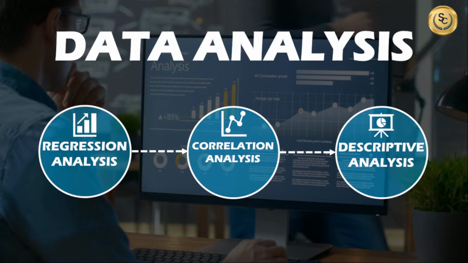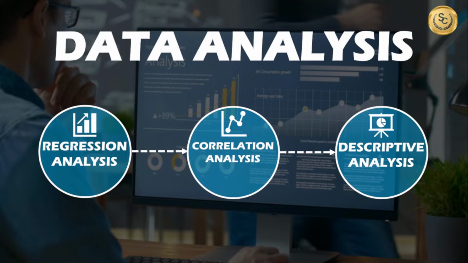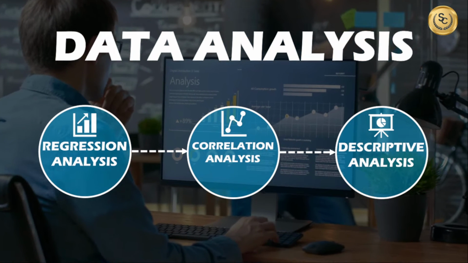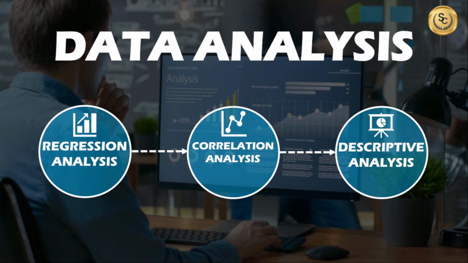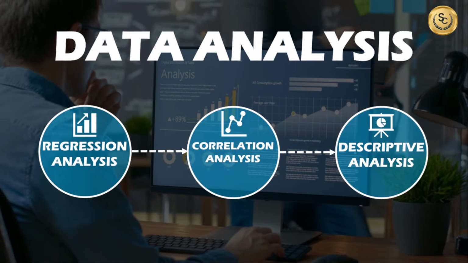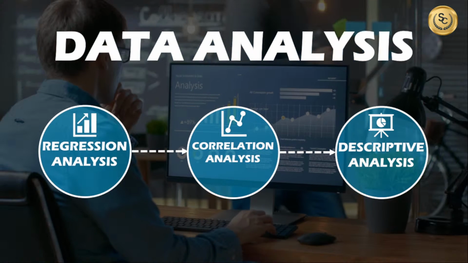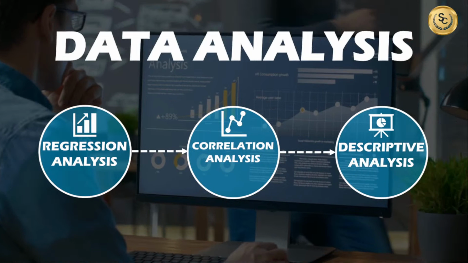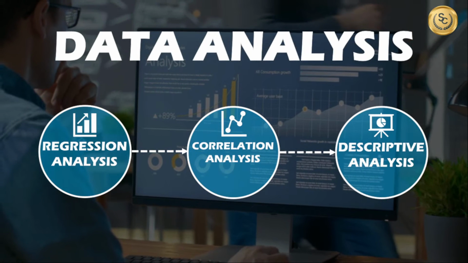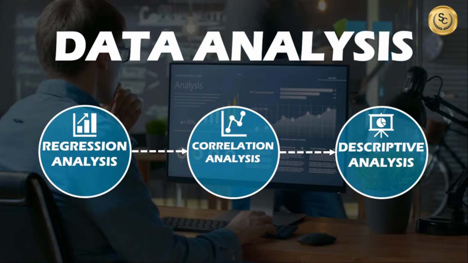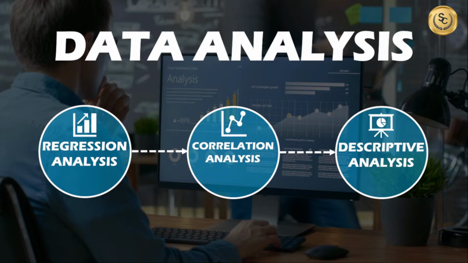Then we wrap up with descriptive analysis. Tonight we will start from explaining what regression analysis is all about, what types of regression analysis, what are the key concepts, the key components, what is the statistical significance, what is the null hypothesis and the alternate hypothesis, and that's why we will be using them.